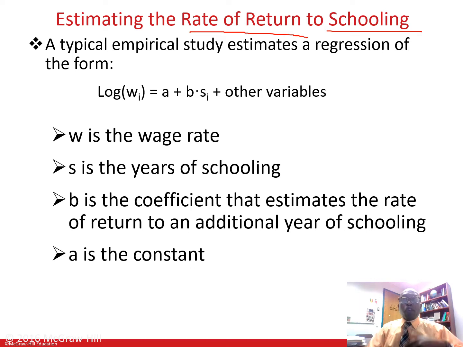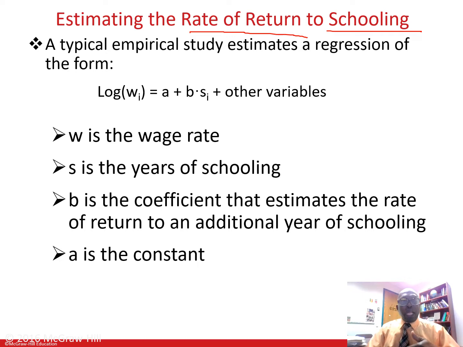The typical method for estimating the rate of return uses data on the earnings and schooling of different workers and estimates the percentage wage differential associated with one or more years of schooling after adjusting the data for differences in other worker characteristics.